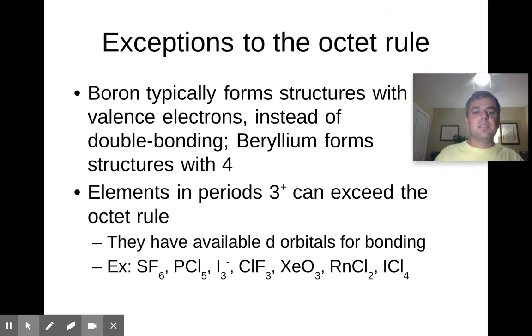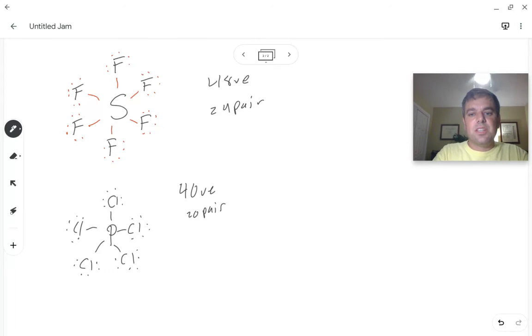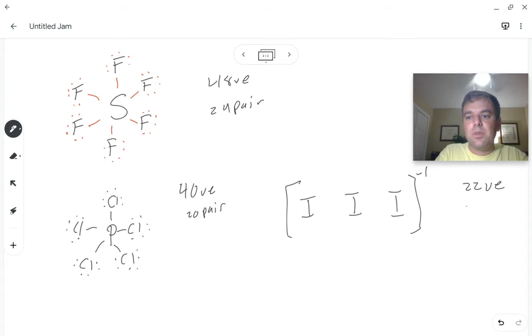Then we get to the triiodide, which is an interesting one. So we've got 3 iodines. So it's 7, 14, 21 electrons, but it also has a -1 charge. So that's 22 valence electrons, or 11 pair. So we go 1, 2, 3, 4, 5, 6, 7, 8, 9, 10.